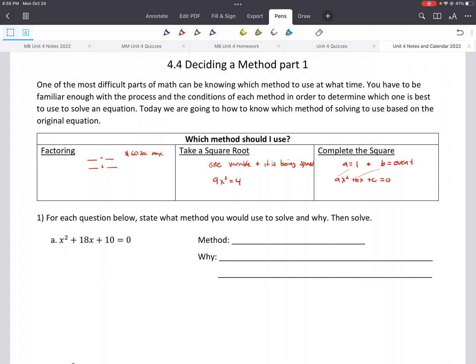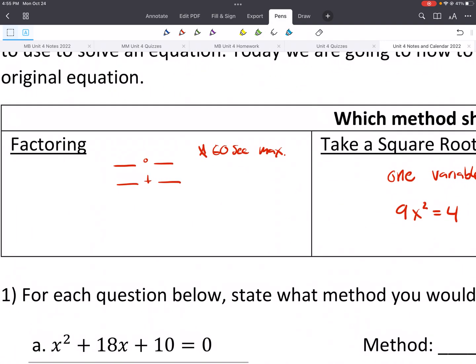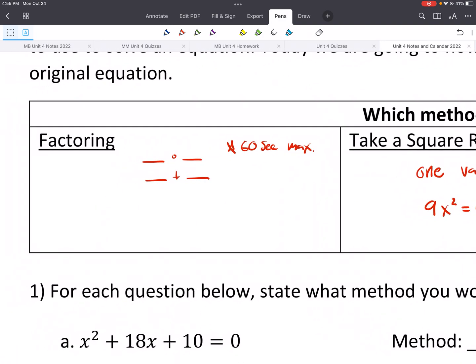Okay, so let's first talk about factoring. Factoring is a great idea. I feel like it's probably the quickest, but it doesn't always work. With factoring, I'd always start with that and then see what else we could do if it doesn't work. We always need to figure out, are there two things that can multiply and add?